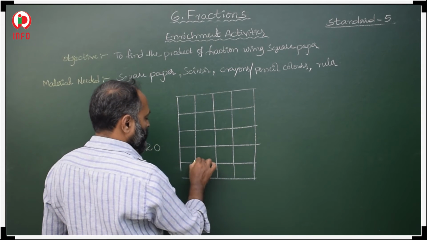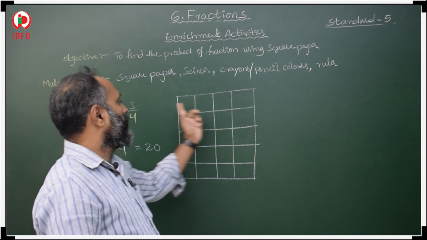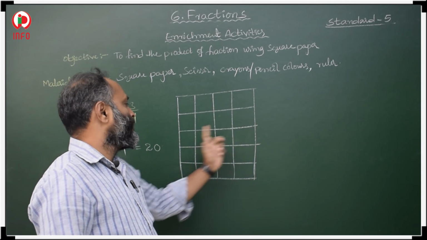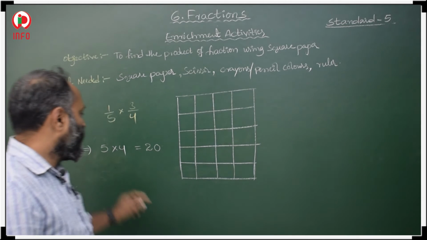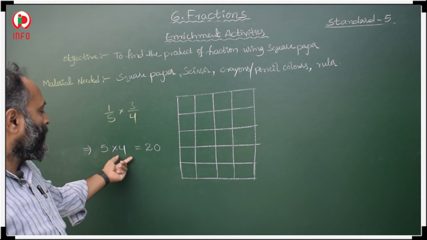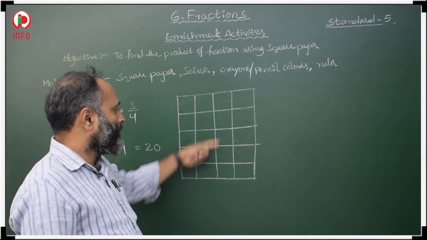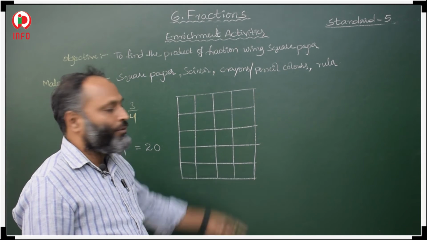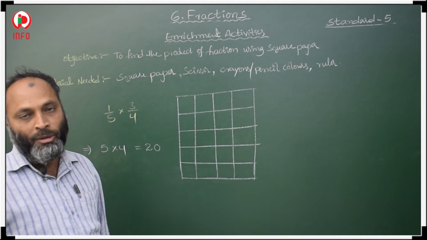Total 5 rows, 4 columns. First row, second row, third row, fourth row and fifth row. First column, second column, third column and fourth column. Total 20 square grids we have to prepare.